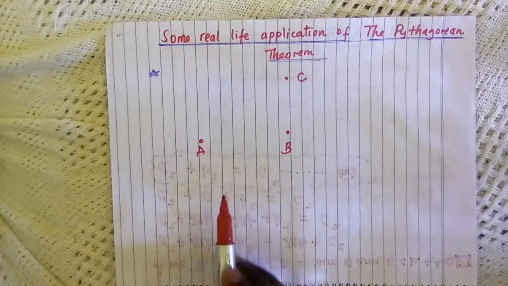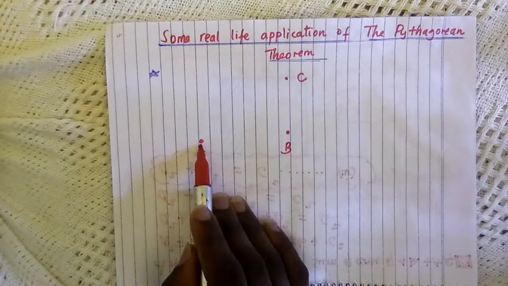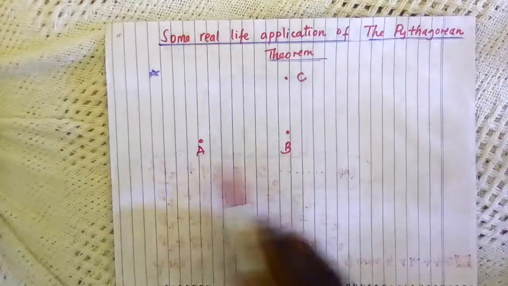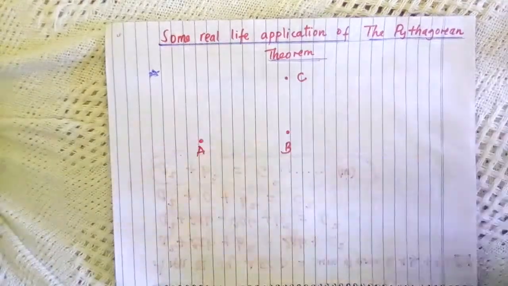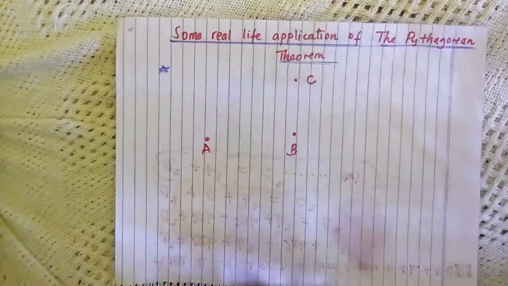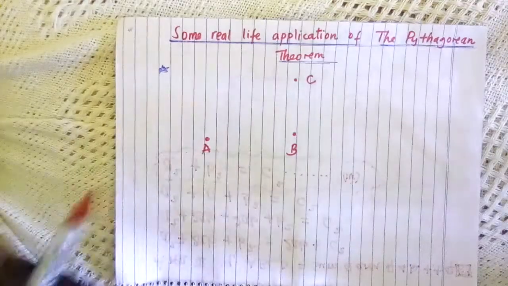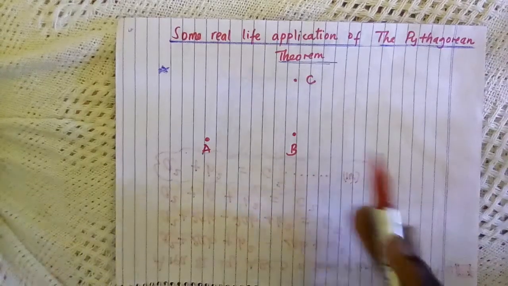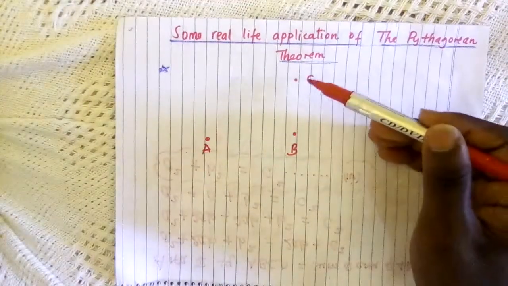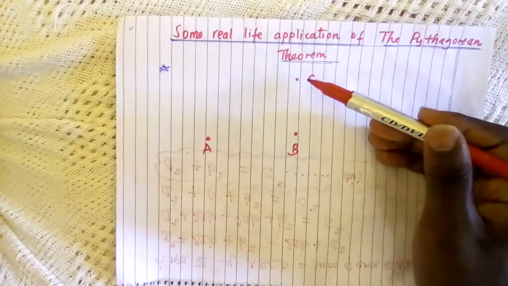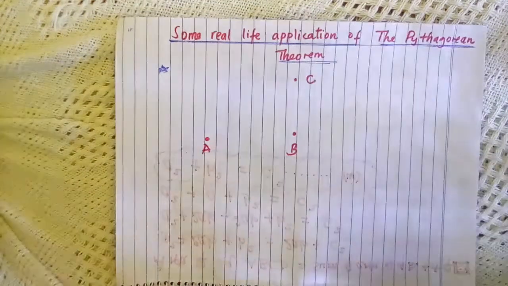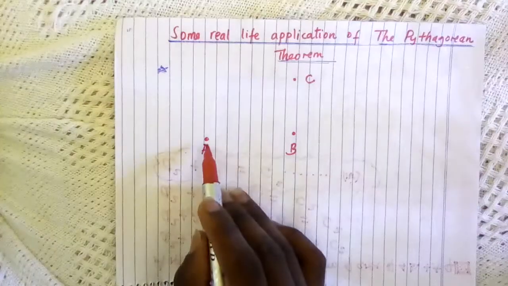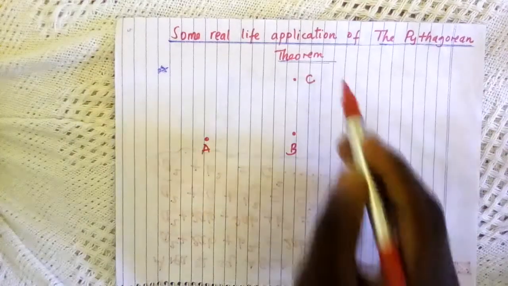Now we are told to run from point A to point B, then to point C. At point C is the end of your race, and you are required to run wherever you want, so long as you reach point C first. Having studied the Pythagorean theorem, you can run all the way from point A to point B to point C.